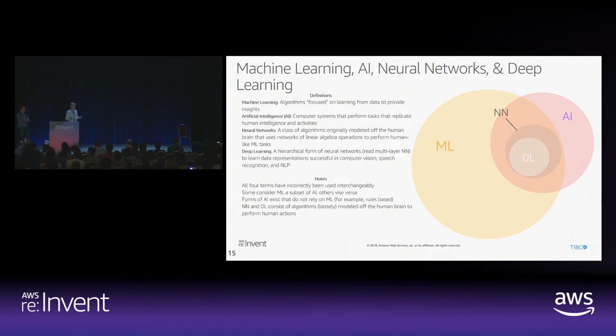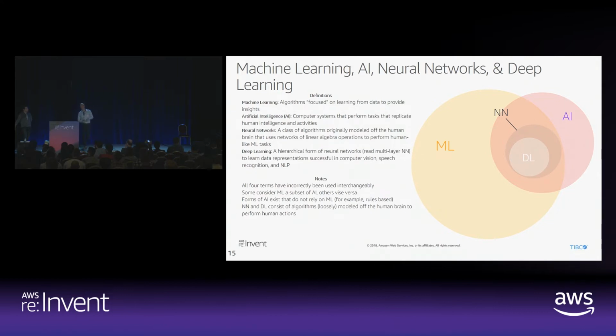But basically, machine learning is algorithms that try to extract information out of data, while artificial intelligence is a computer system that seeks to emulate human thought or human intelligence and activities. So seeing, listening, understanding.